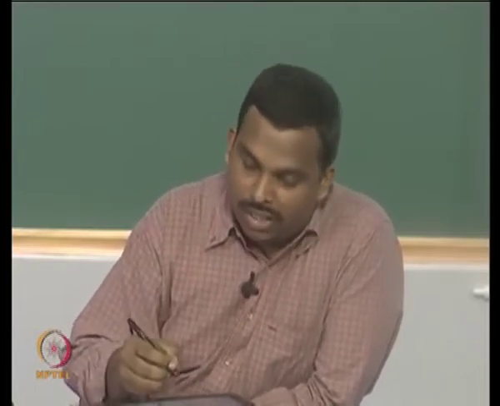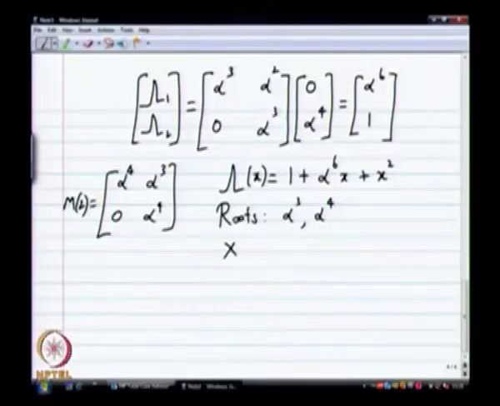That is the trick. So, alpha power 3 and alpha power 4. So, the error locations are x1 equals, if you want, alpha power 4, and x2 equals alpha power 3.